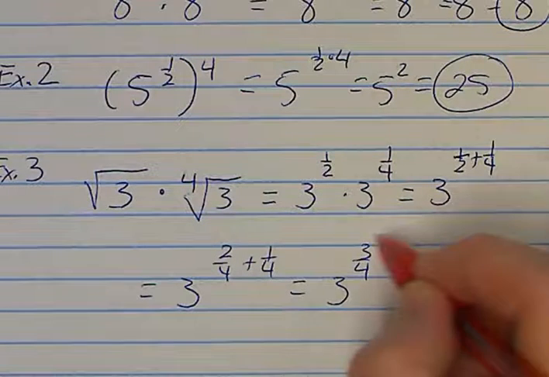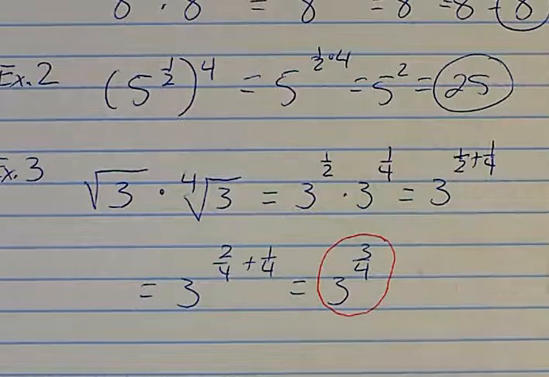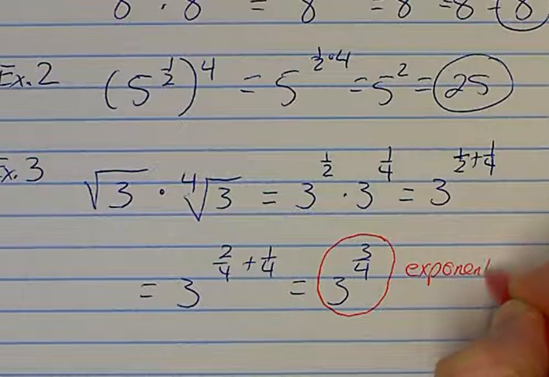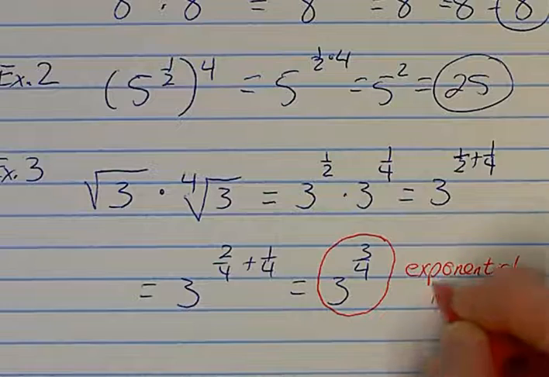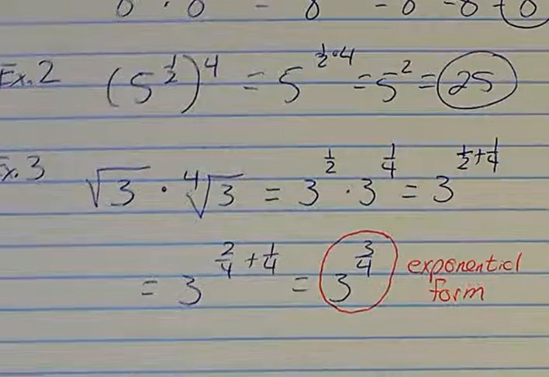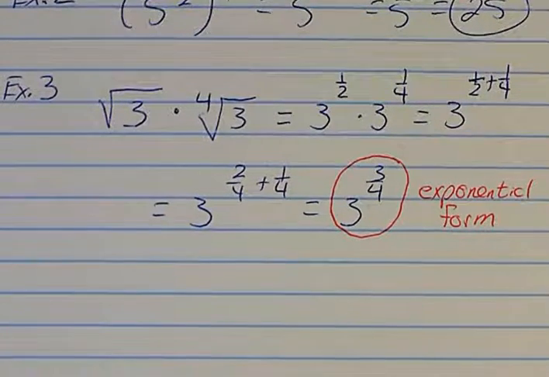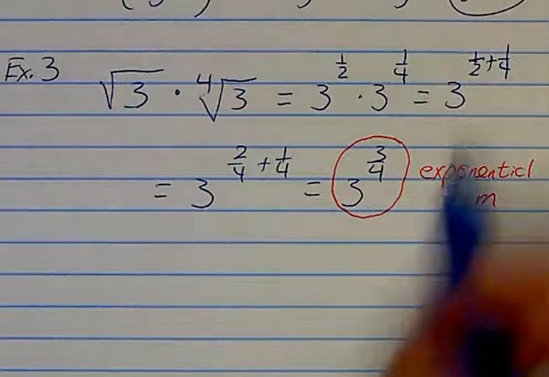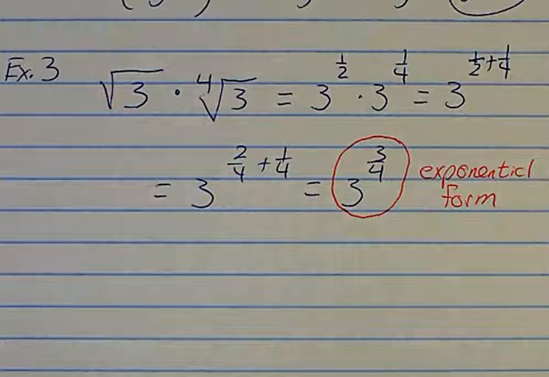Depending on the answer, we'll do both answers here. If they ask for the answer in exponential form, that would be our exponential answer. If they ask for it in radical form, that's where you're going to take this final answer and go back and rewrite it in radical form.